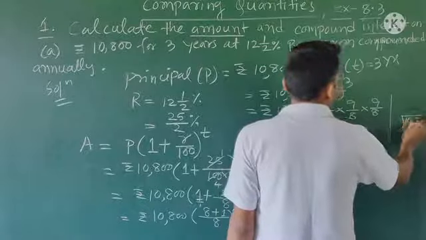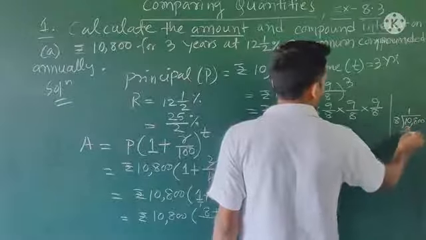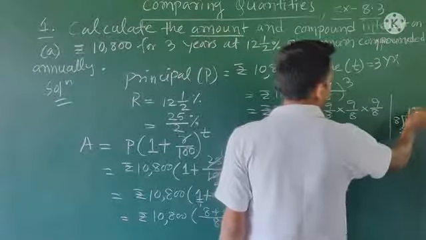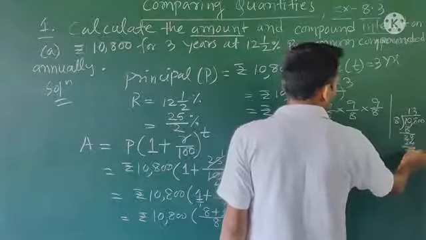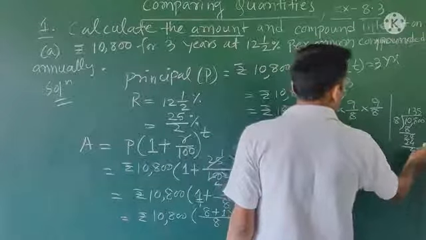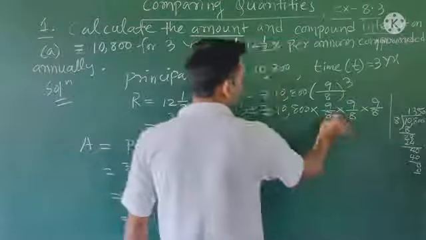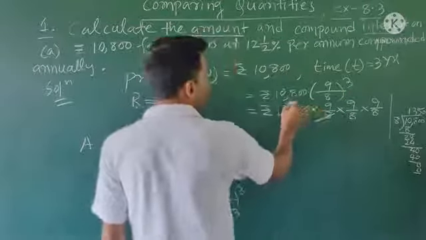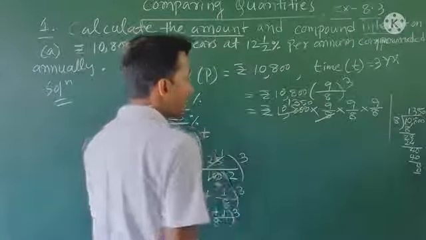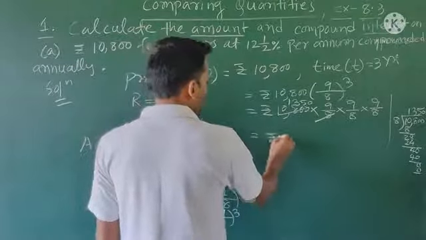Since it is a big number, 10,800, just divide. 8 1 is 8, 10 minus 8 is 2, 8 3 is 24, 4, then 0, 8 5 is 40, 8 0 is 0. So we get 1350. 8 into 1350 is 10,800 rupees.